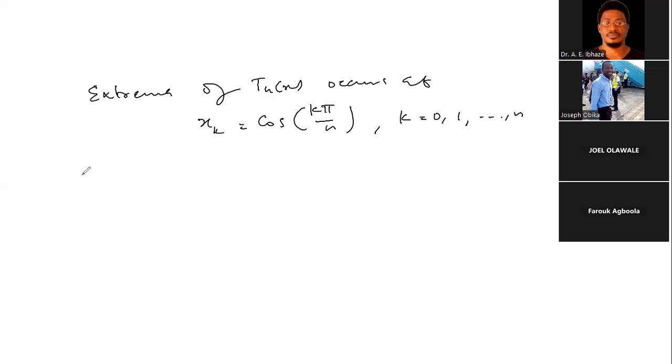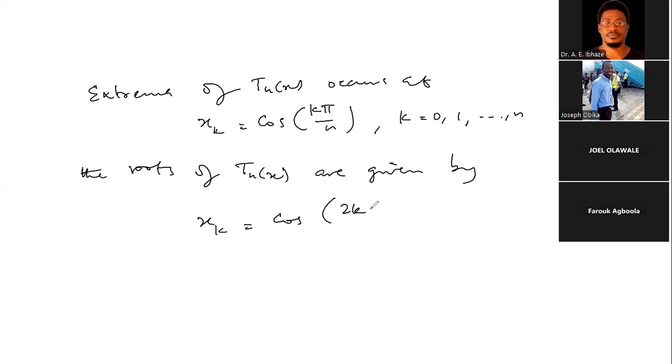And then the roots of the Chebyshev polynomial are equally given by s of k being the same as cos of (2k plus 1) pi over 2n, for k from 0, 1, all the way to n. These are just by the side.